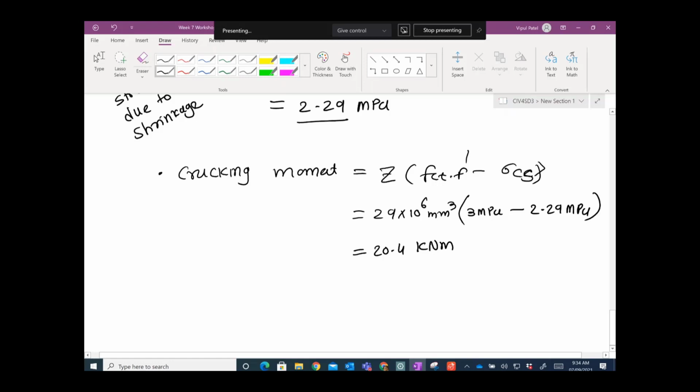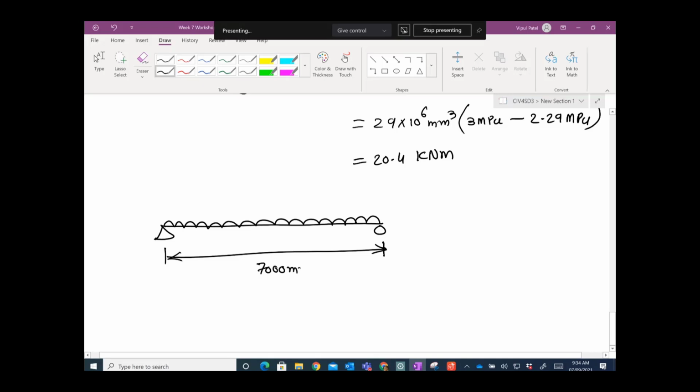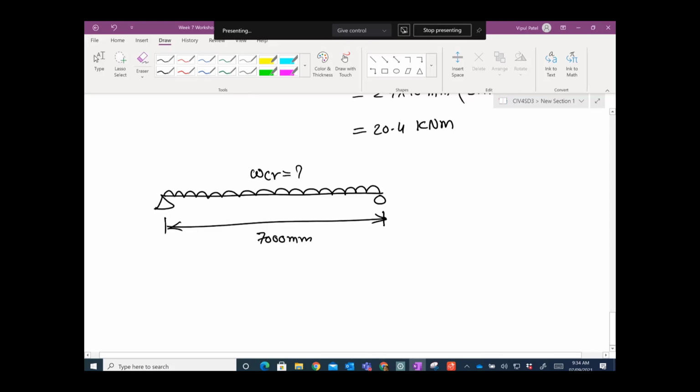Right. Now, once you know the cracking moment, we can calculate the cracking load, right? Because you have this UDL load, given in our example. It says that the length of this beam is how much? Length of the beam is 7,000 millimeters. And we need to calculate this cracking load, how much cracking load we need.